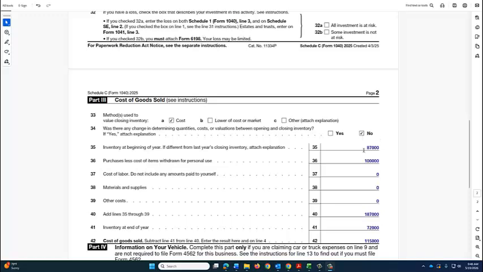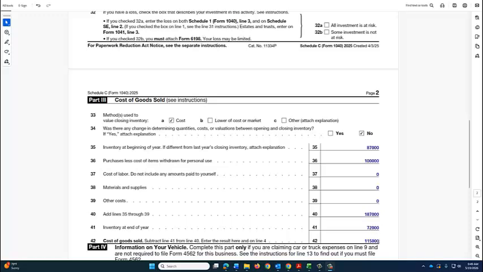So when we add what she started with, the beginning inventory, with what she purchased, she had $187,000 worth of inventory to sell to her customers. At the end of the year, she only had $72,000 left. So that means she sold to her customers $115,000 worth of merchandise.